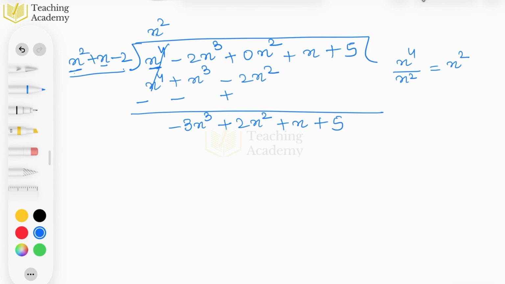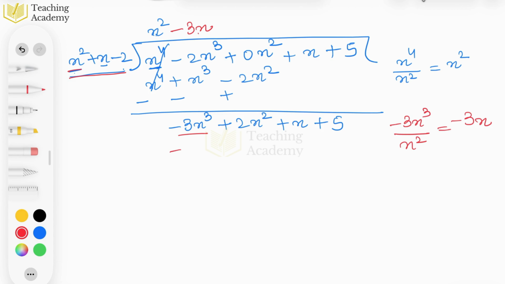Now take the second step, take the division of these two, right? Negative 3x cube over x square. Negative 3x is the answer, so put here negative 3x. Now just multiply this negative 3x with all of these terms.